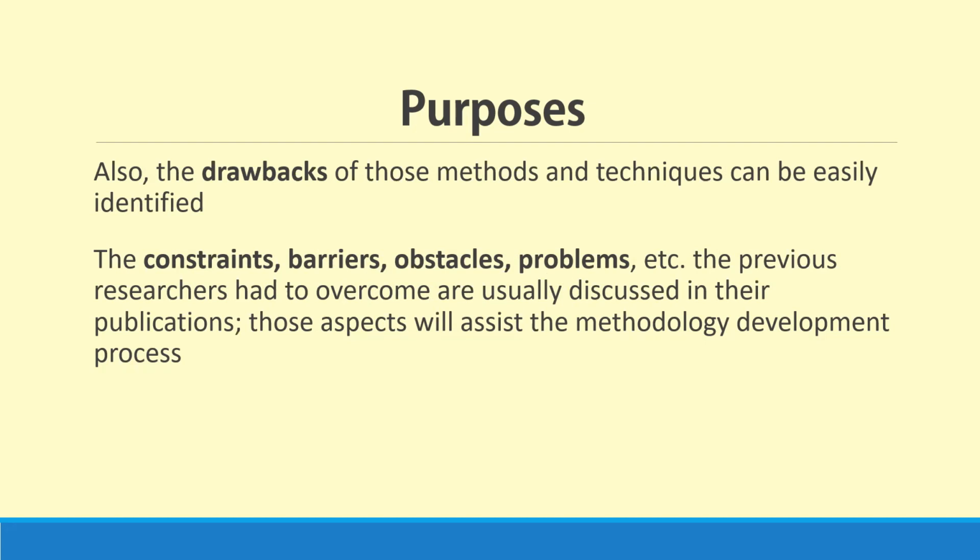So you can be aware of those things as well, because if you know about these things, you won't make the same mistake in your research. Therefore, this is also another purpose of doing a literature review, to know what you shouldn't do in your research.